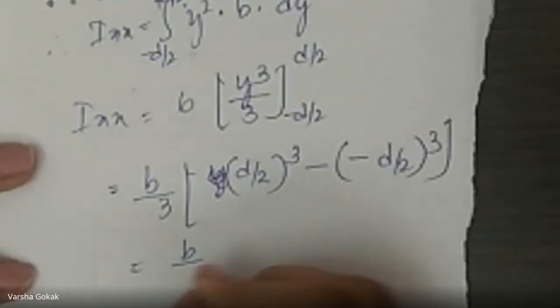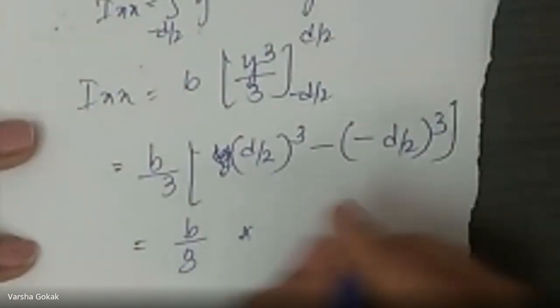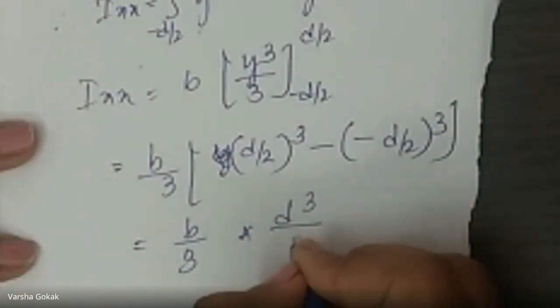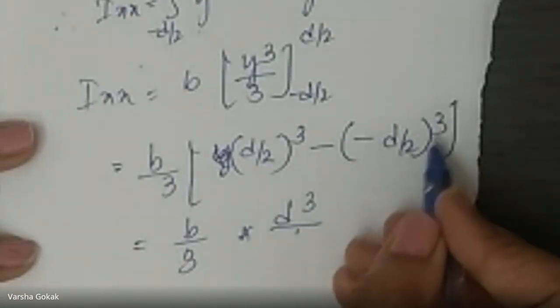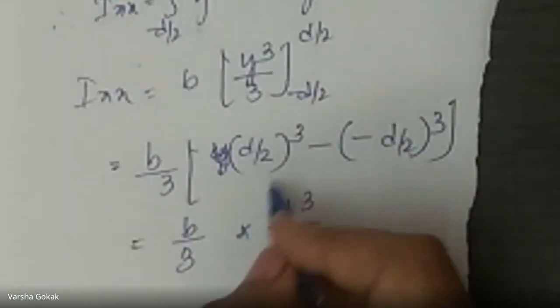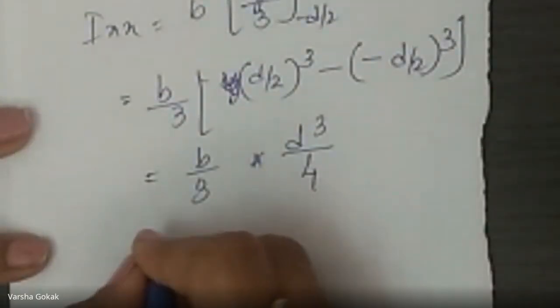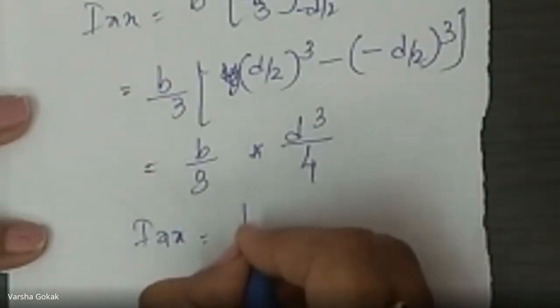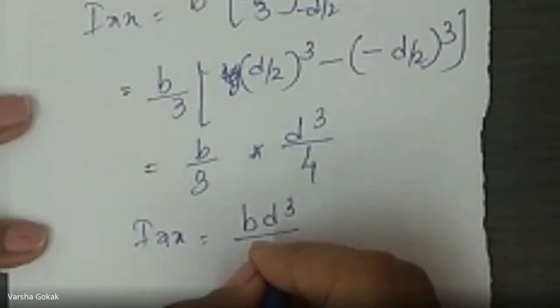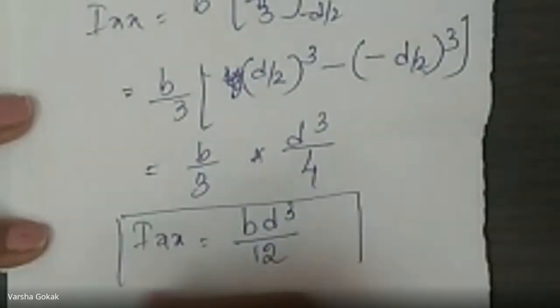So what are we left with? b by 3 is there as it is. This becomes d cube by 2 into 2 is 4, 2 into 4 is 8, 8 and 8, like that, add twice of that. So this becomes 4. So what is the final result now? Ixx is going to be b d cube, 4 into 3 is 12, b d cube by 12. So Ixx is b d cube by 12 for this rectangle.